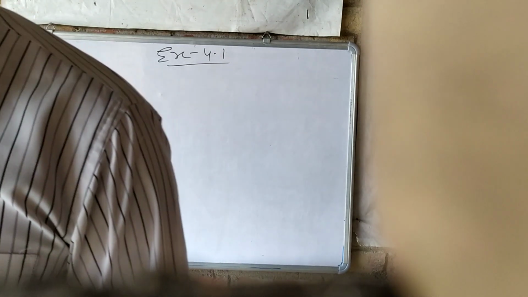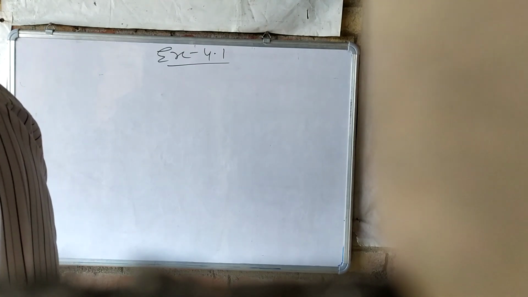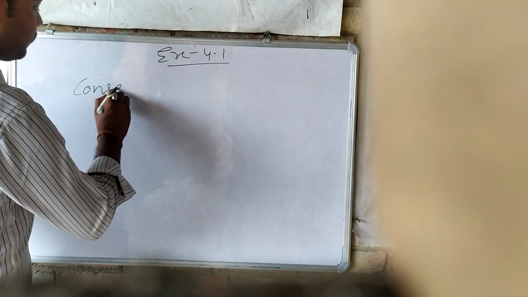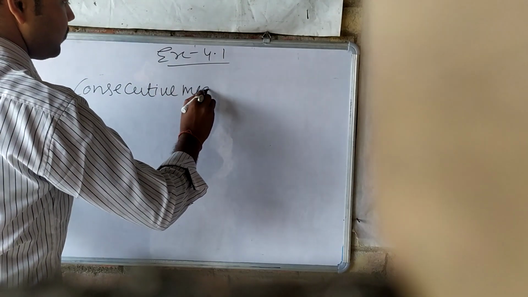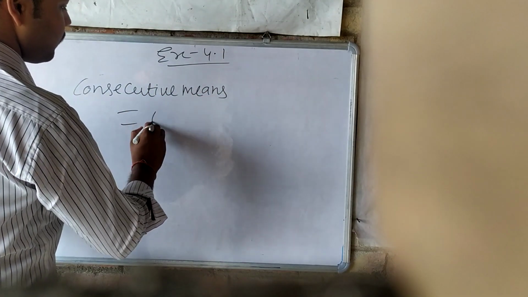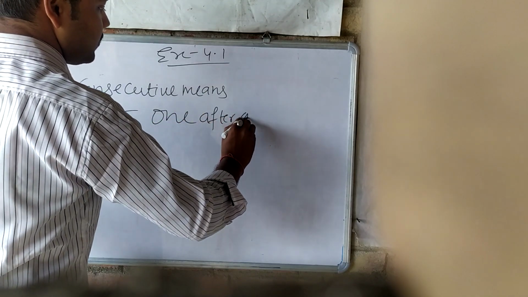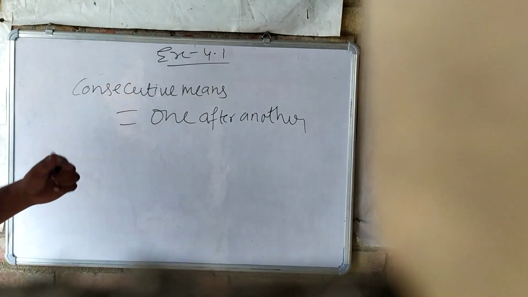See in question number 9, we have to write the odd number, even number. That is very easy. You can write. In question number 10 also, write 4 consecutive and 3 consecutive. What does consecutive mean? It means one after another.